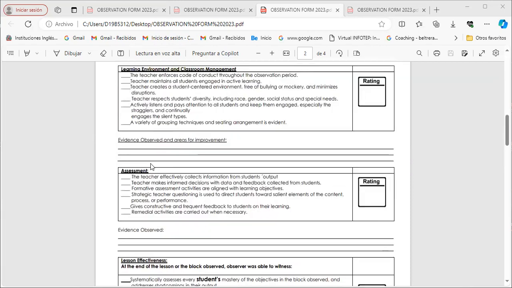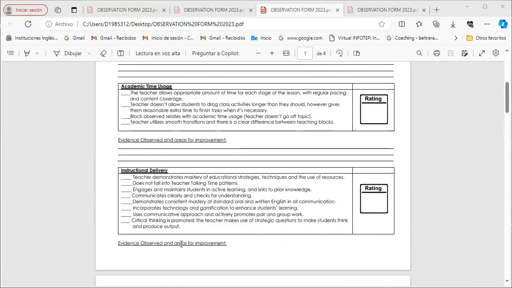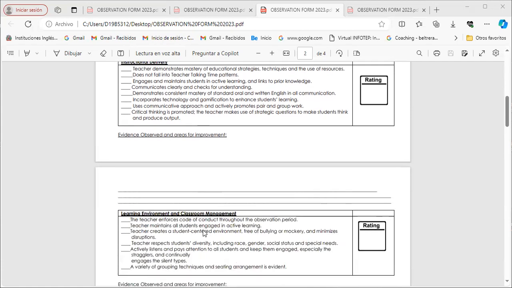Then you are going to focus on two of these criteria, not all of them, two. And you are going to check what you observed during the block observed. Based on that, you are going to assign a number here and rate the teacher's performance. If there is something the teacher needs to improve, then you write it down and you talk to him.